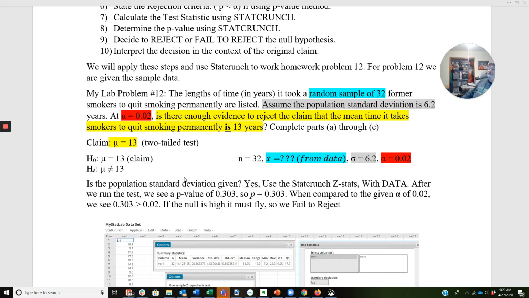Again, this makes it the two-tailed test. The two-tailed test always, probably wouldn't hurt for me to say, comes from the alternative hypothesis. So I'm going to go ahead and put that in there before we move on, because remember, the alternative hypothesis lets me know what type of test I'm running.